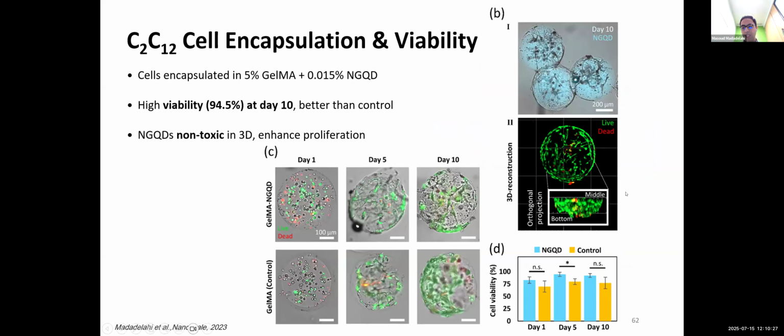And interestingly, we saw that adding NGQD to such microgels can enhance cell viability after 10 days. So you can use it as a fluorescent dye in your system, and it has a positive effect on your cell viability, right? That is great.